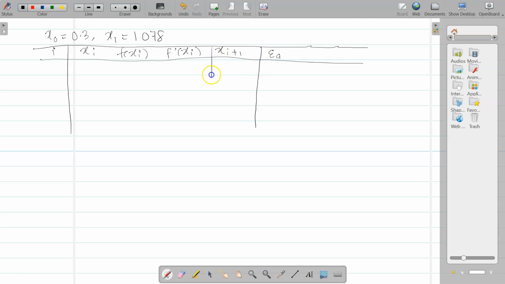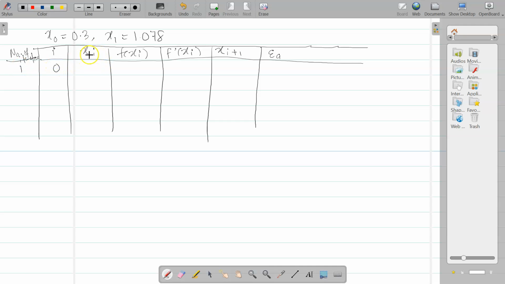So class, based on this, we start with the first iteration. For I here, we need to put the number of iteration, which for the first iteration, our I is equal to 0.